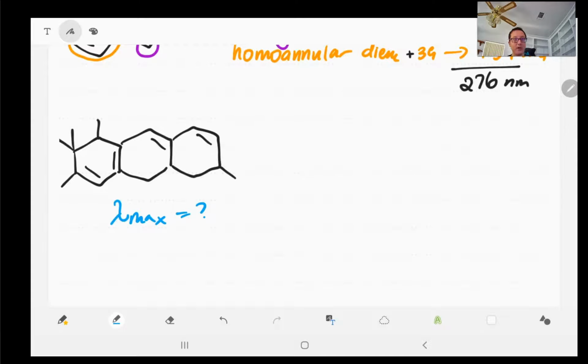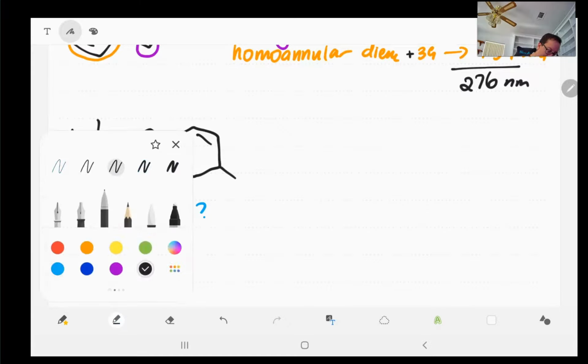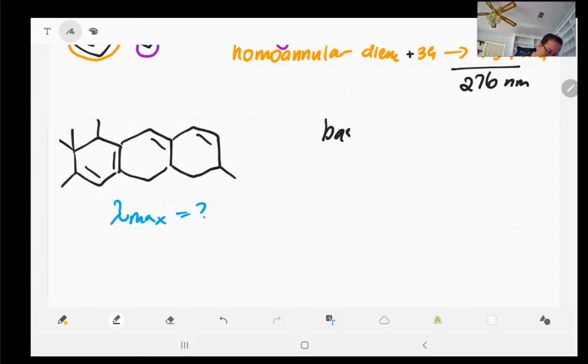So whenever we're approaching a problem like this, we are just going to go in order. We can even write them out here. We can say, okay, we've got our base value. We've got extra conjugation, as in additional more than 2 bonds. We have our alkyl groups.